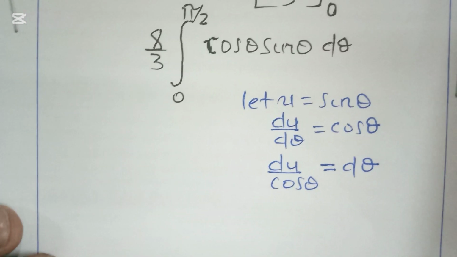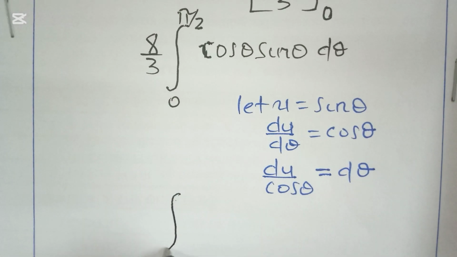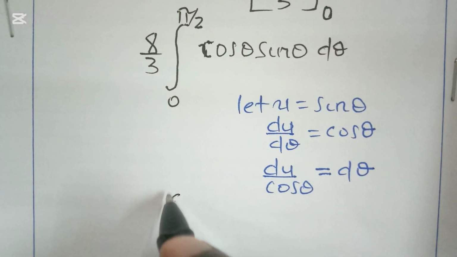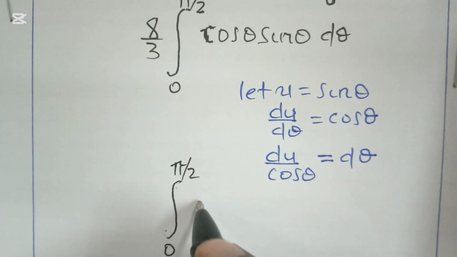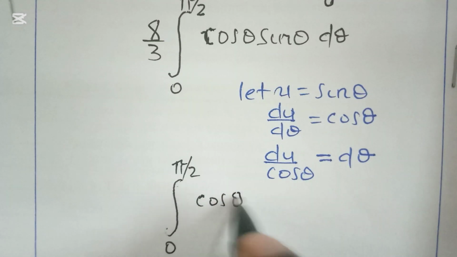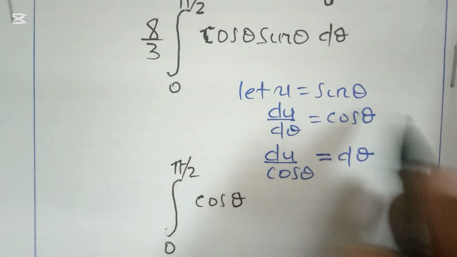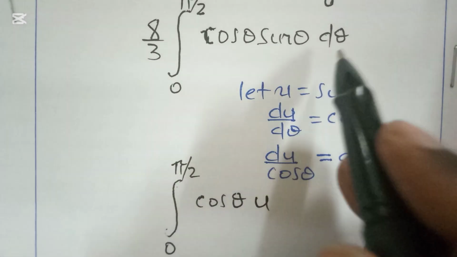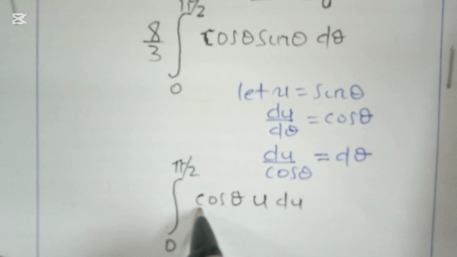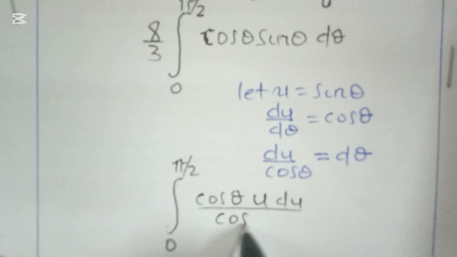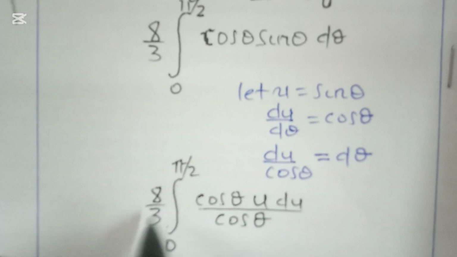And so therefore, we are going now to replace for d theta here. So we shall have the integral from 0 to pi over 2. We put cos theta there, then sine theta, this is going to be u now. Then instead of d theta, we have du over cos theta. And we have 8 over 3 there.